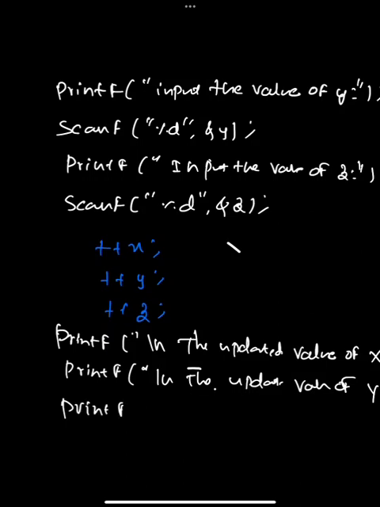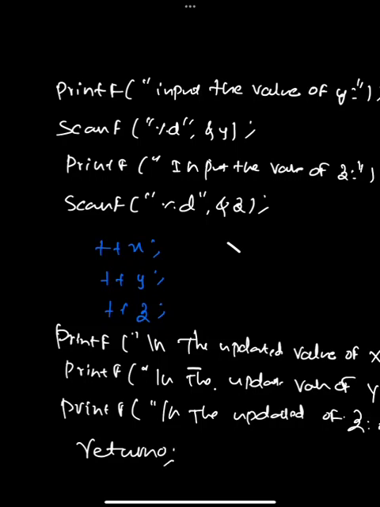Printf slash n, "the updated value of z is %d", comma z. Then I have to use return 0 because I used the main function with the type int. Okay. Return 0.